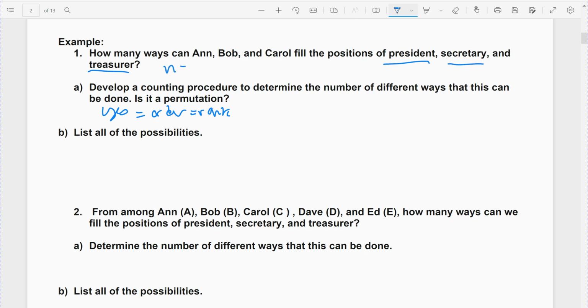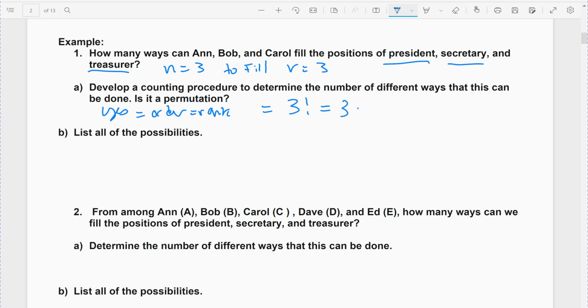This is the all case. I have N people, I have 3 people to fill 3 positions. So my N is 3, and I'm picking 3 of them to fill out 3 positions. Order matters, so this is a permutation. This is one of those outcomes where I'm selecting all of them. So you could just do 3 factorial, and it should make sense that's the case.